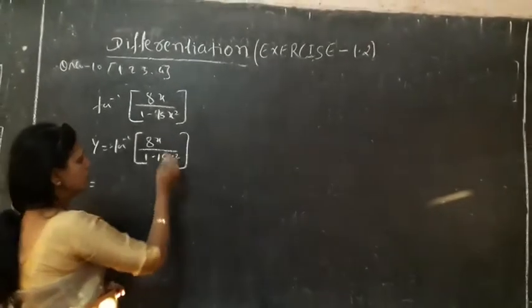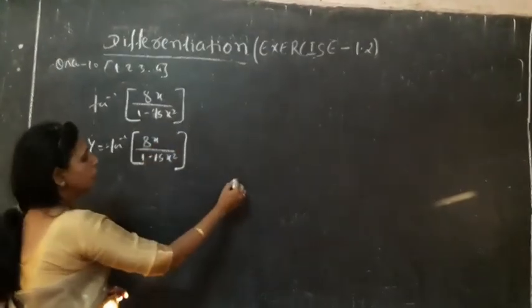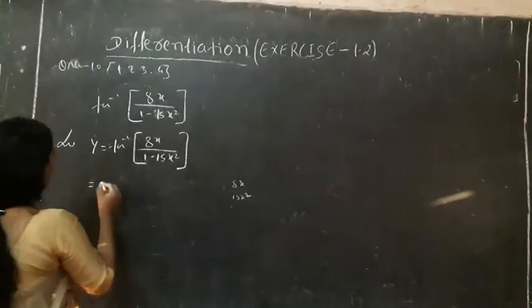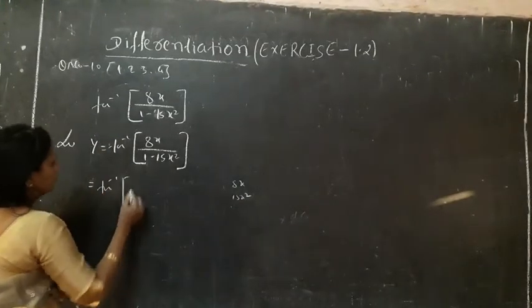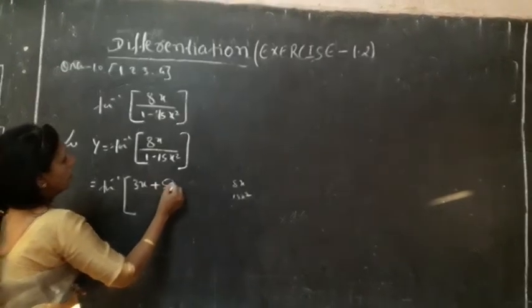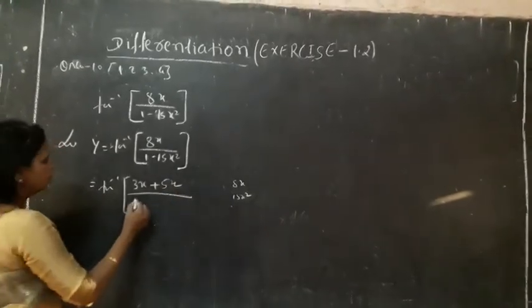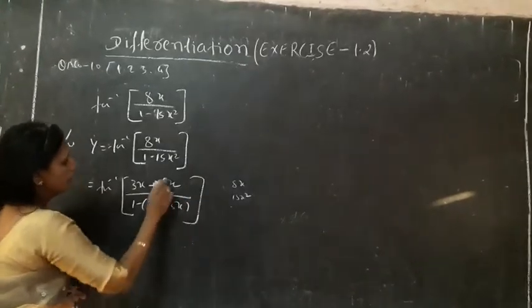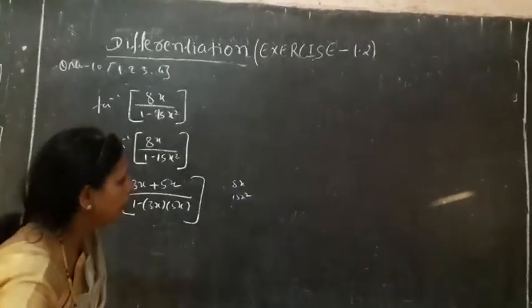Now choose two suitable numbers such that the sum must be equal to 8x and the product must be equal to 15x square. So I choose here 3x and 5x. Here 3x plus 5x gives 8x, and the product is 15x square.